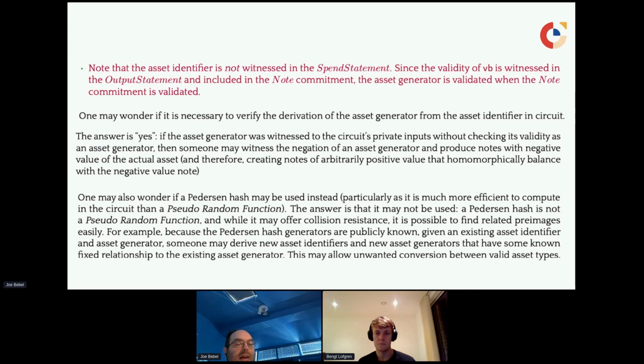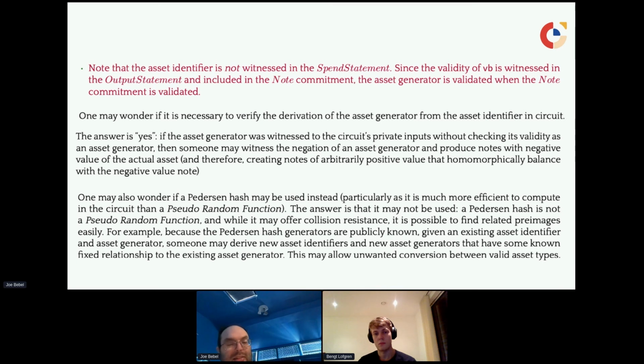And this is because while Pedersen hash offers collision resistance, it is possible, in fact, it's actually downright easy to find related pre-images to each other, because the Pedersen hash generators are publicly known. Suppose we used Pedersen hash to derive our asset generator from the asset identifier.